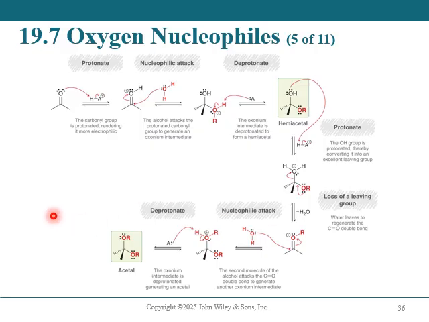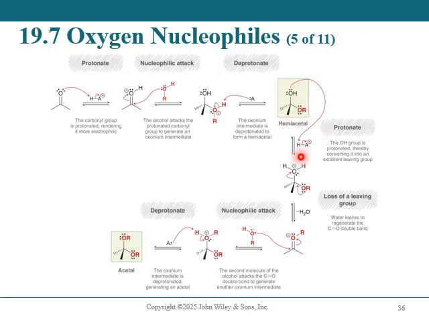Mechanism for that reaction: you start off with a protonation, followed by a nucleophilic attack. Then you get a subsequent deprotonation of that group that got added in the nucleophilic attack. In this case, you already have the hemiacetal, so just one group is formed.